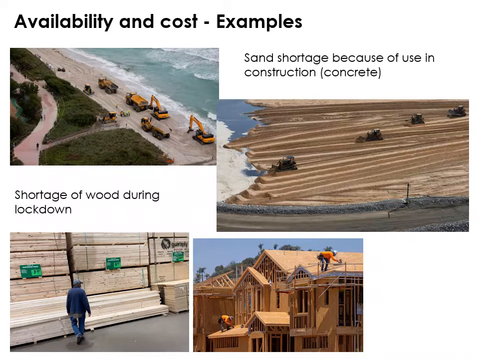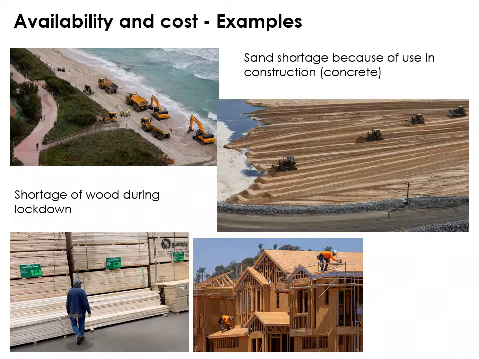Same with wood, timbers. There was a big shortage during lockdown. They didn't predict that shortage, mostly based on people getting a lot of work done around their homes, lots of DIY going on, and it's sending the cost of those things skyrocketing.